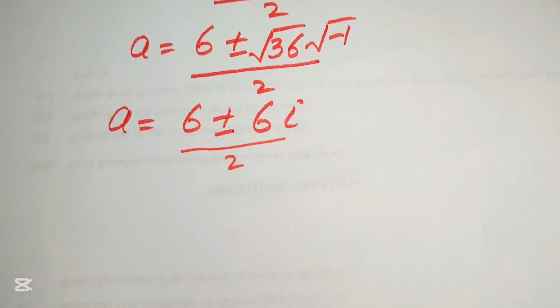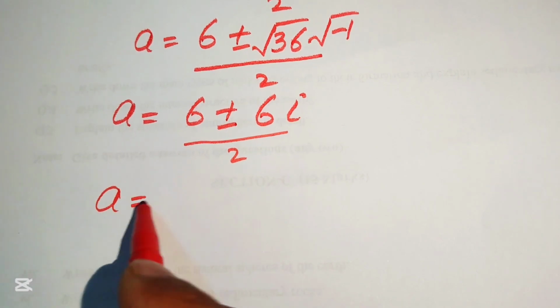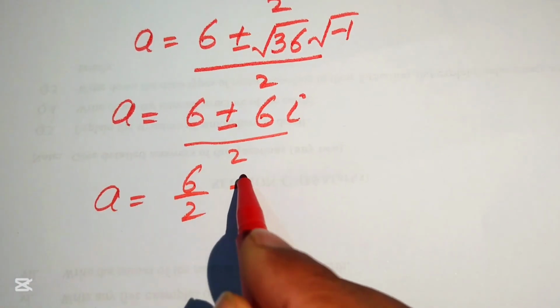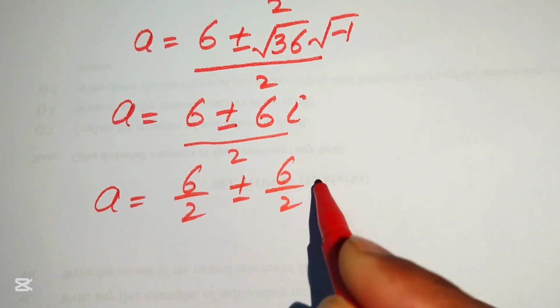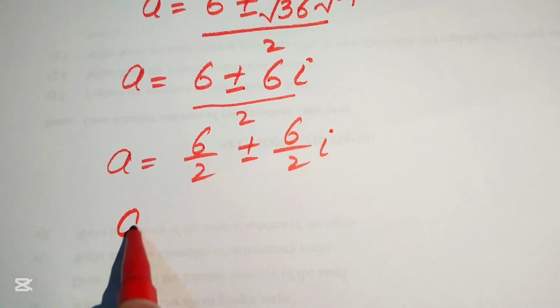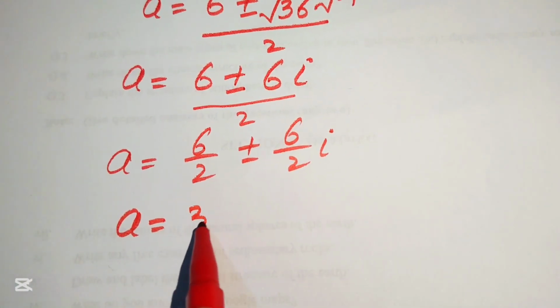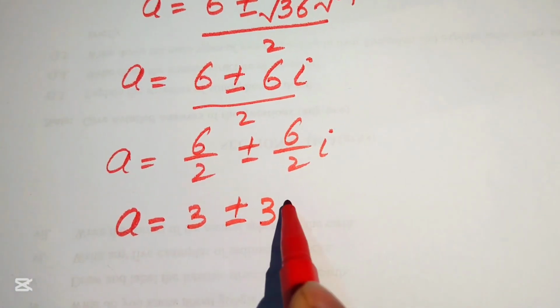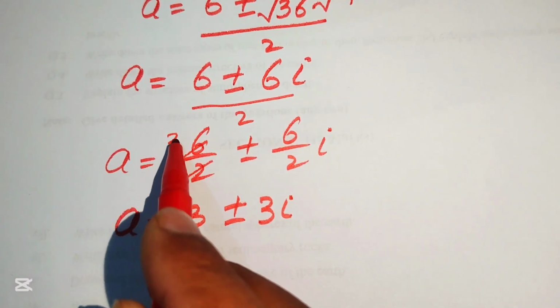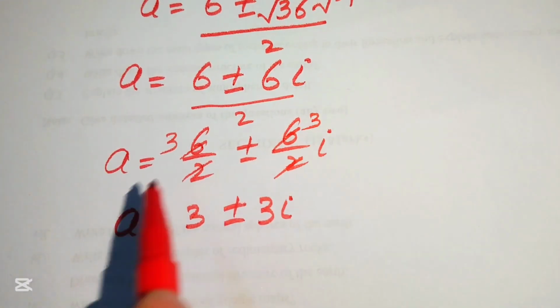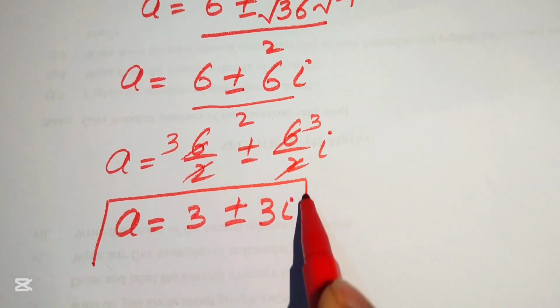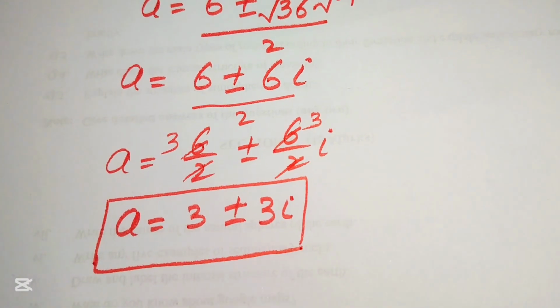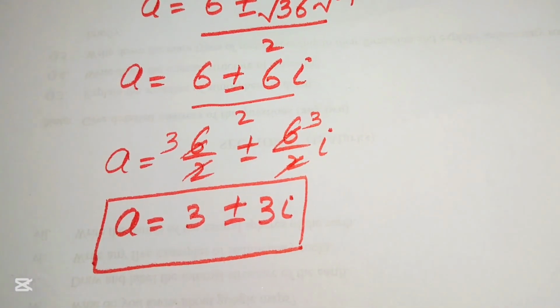Now we break the fraction, and it is written as a equals 6 over 2 plus minus 6 over 2 iota. So finally we get the other roots of the given equation: 3 plus minus 3 iota. Finally, the other two complex roots are 3 plus minus 3 iota, and this is the final answer.